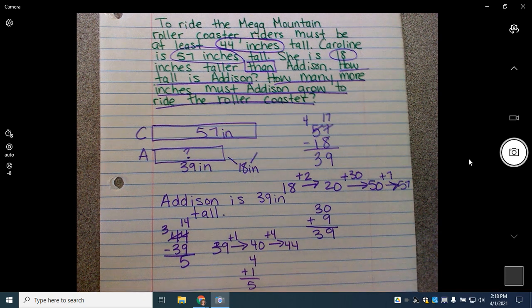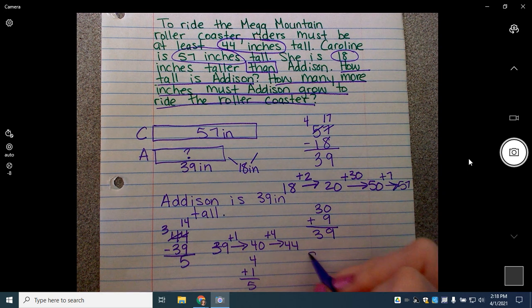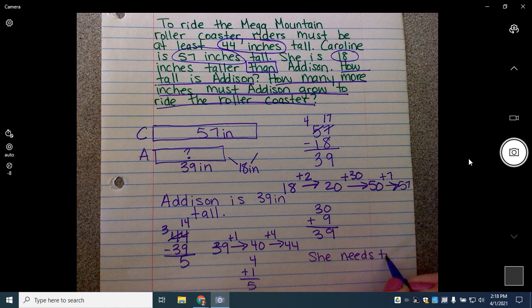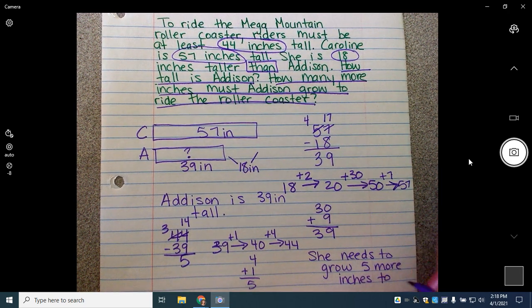So we need to write a sentence. How many more inches must Addison grow to ride the roller coaster? She needs to grow 5 more inches to ride.